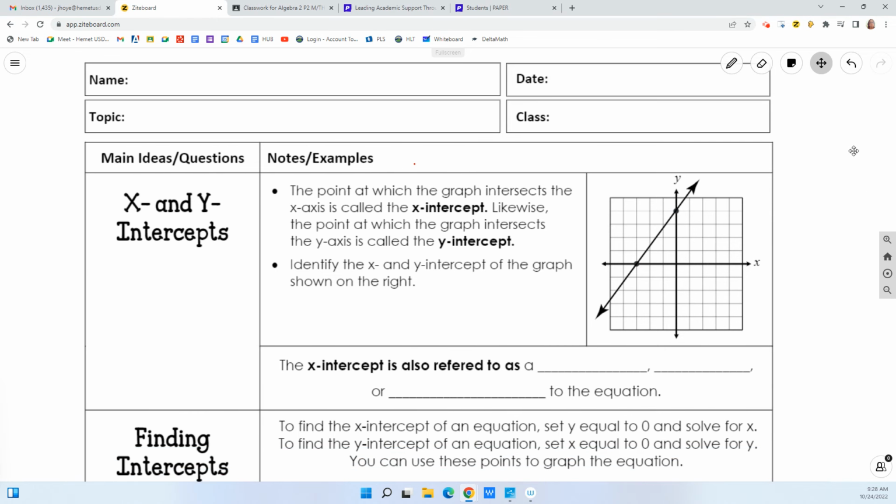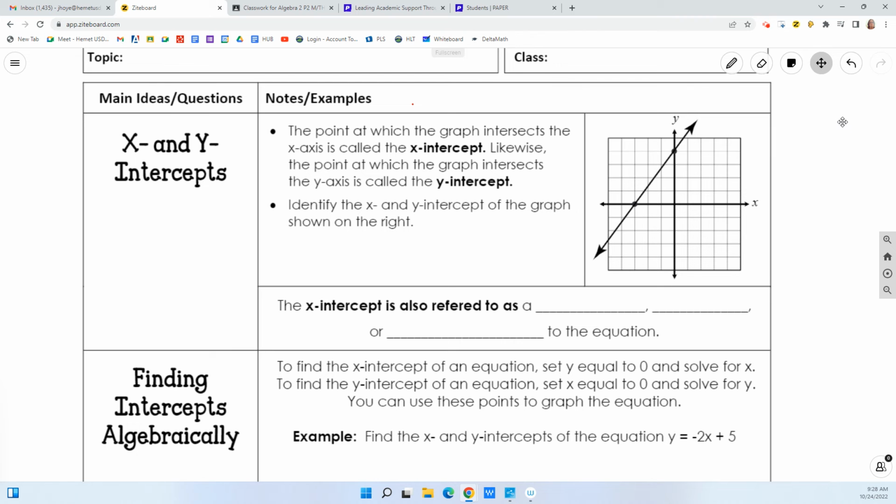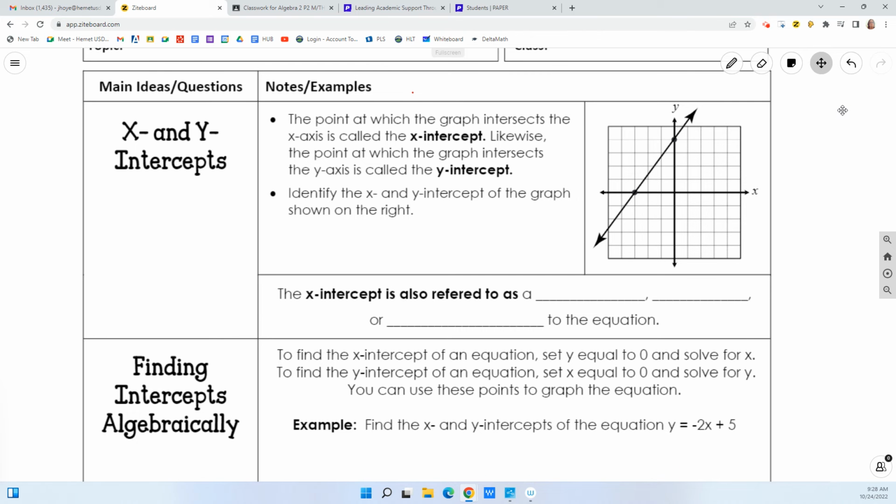So what we're talking about today is x and y intercepts. Really, what an x or a y intercept is, it's just these points on a graph where the graph of an equation, say the graph of this equation right here, crosses the y-axis or the x-axis.